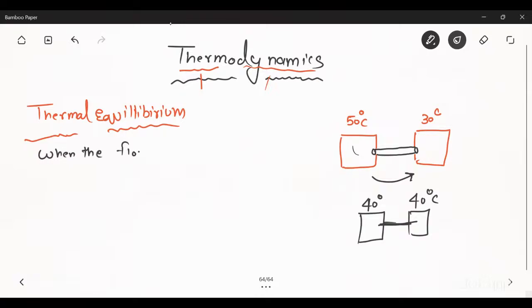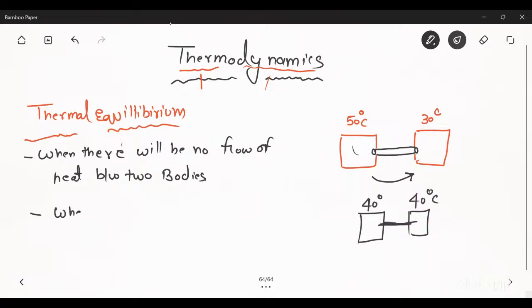When there is no flow of heat between two bodies, or when the two bodies are at the same temperature, it is known as thermal equilibrium.